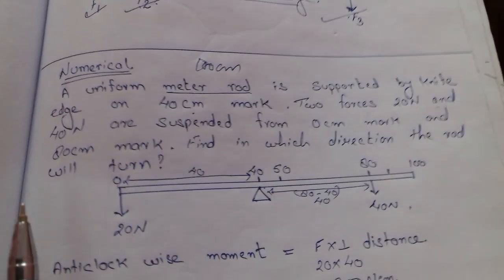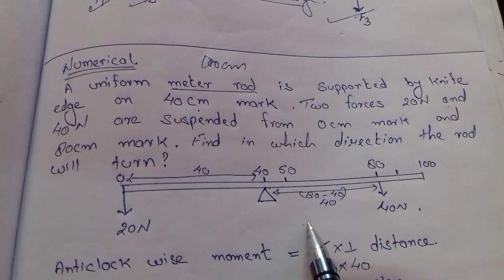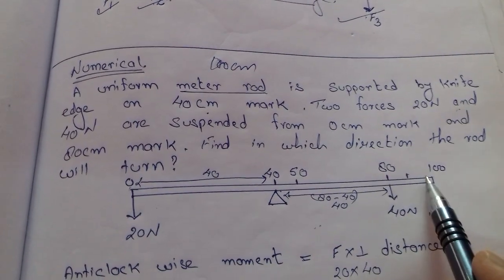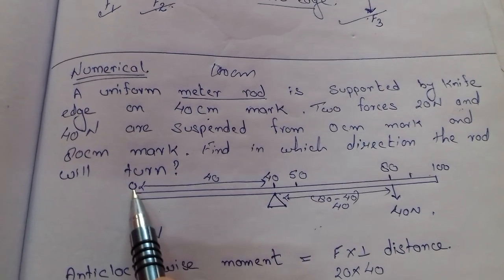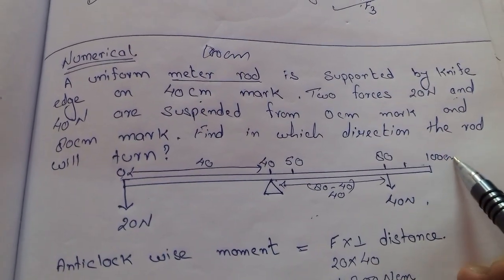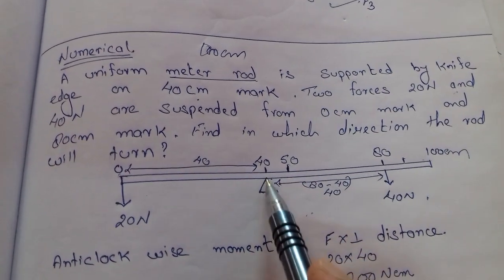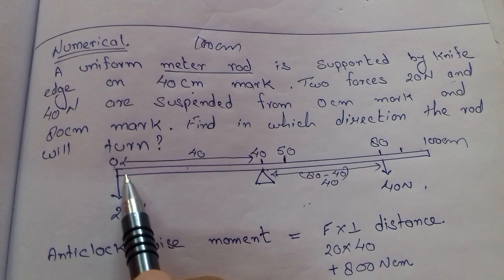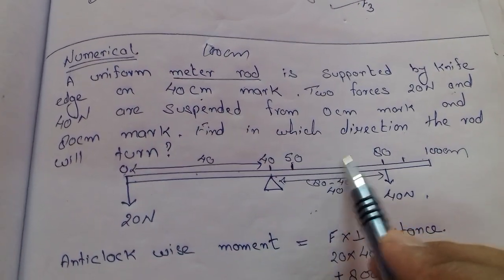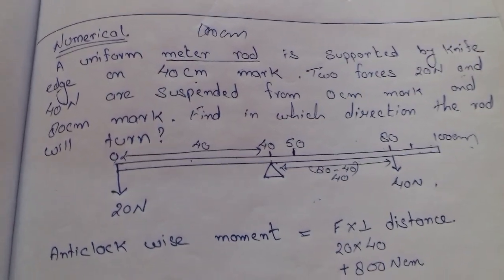Here I have constructed the diagram for you all. This is the rod, a 1 meter long rod, starting from 0 centimeter to 100 centimeter. In the middle this is 50 centimeter, this side 40, 30, 20, 10, then 0, this side 60, 70, 80, 90 and 100.